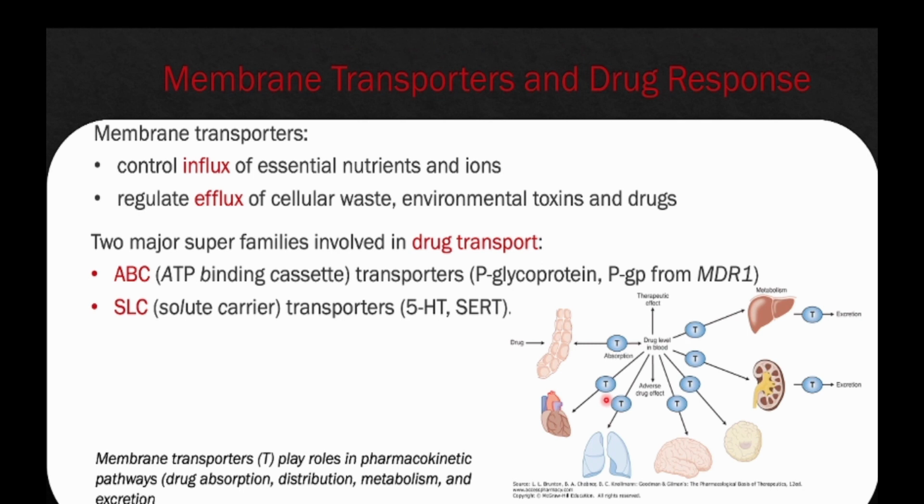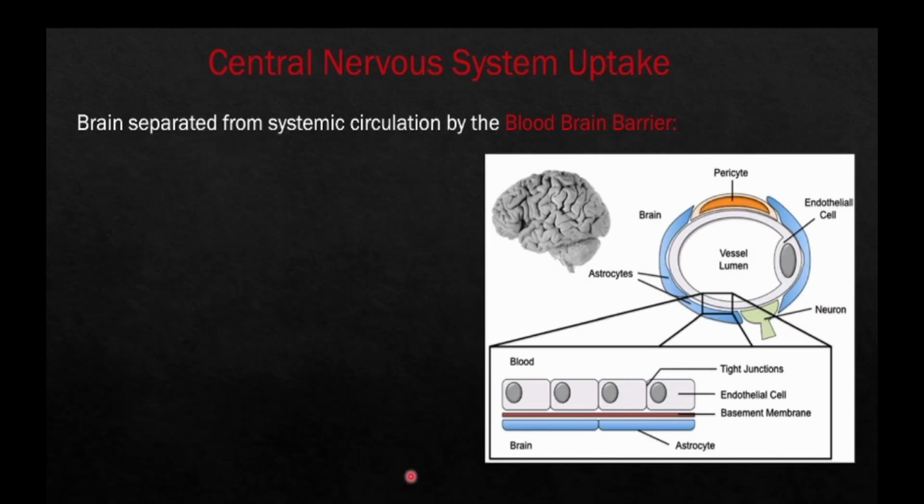And these all act on different organs in the body. The membrane transporters play roles in the pharmacokinetic pathways, so in drug absorption, distribution, metabolism, and excretion. The brain is actually separated from the systemic circulation by the blood-brain barrier.